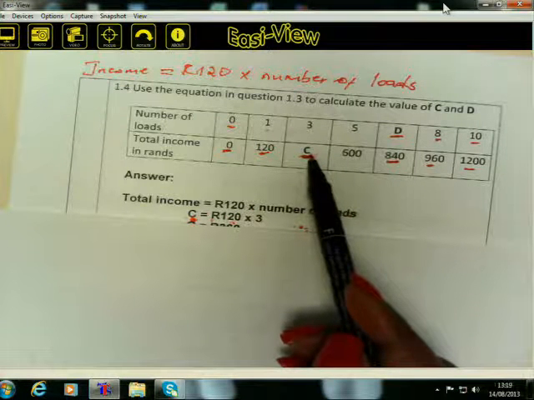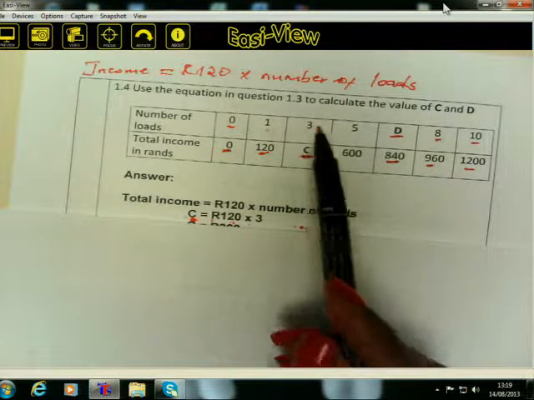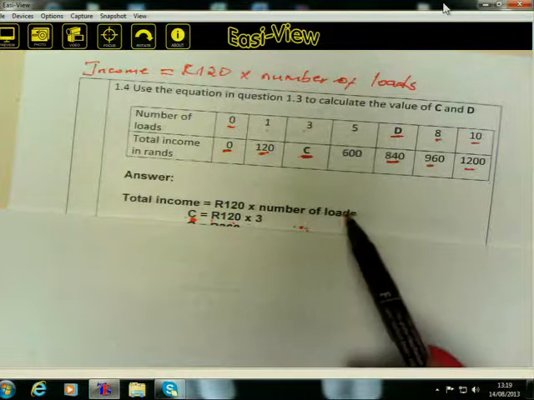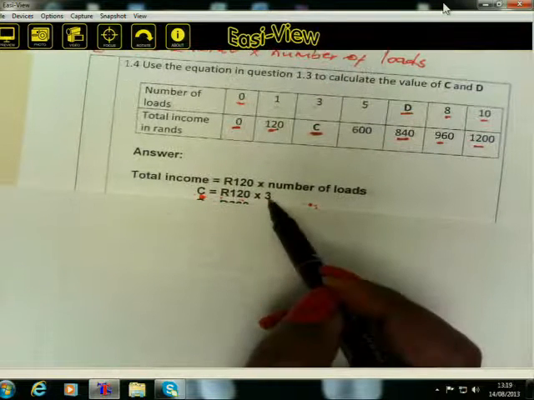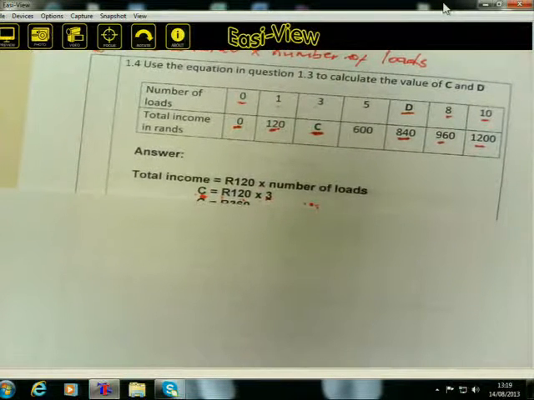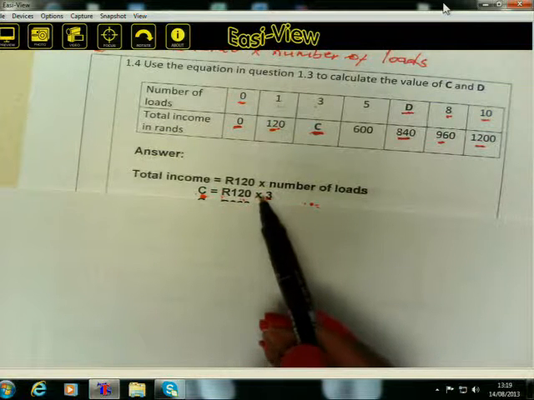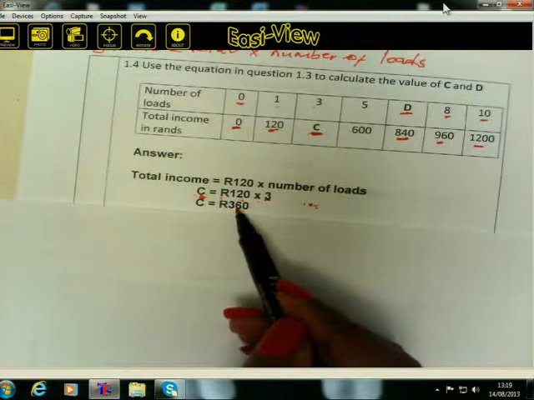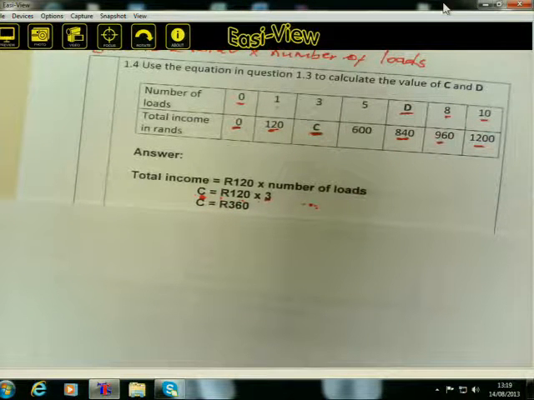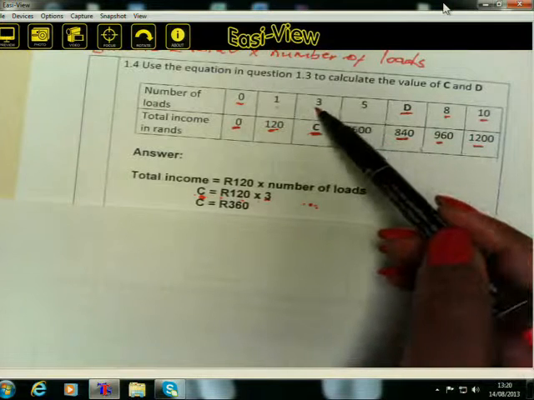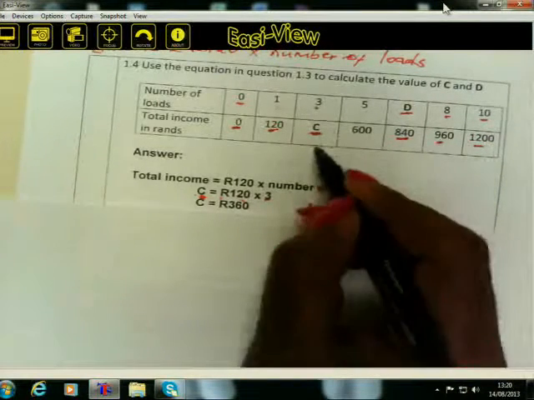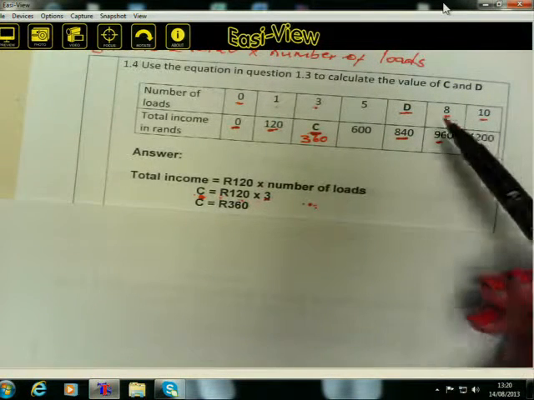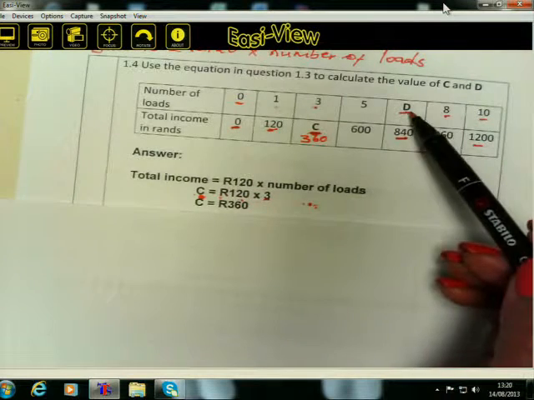If you look there, they say to get C as the income, you must transport 3 loads. So now on the number of loads, we substitute 3. Now we have C is equal to 120 multiplied by 3, which will give us 360. It means if Pakiso transports 3 loads, the income will be 360.